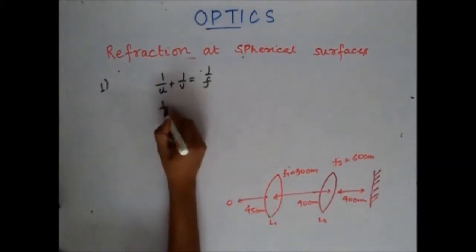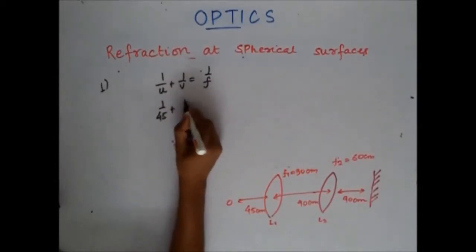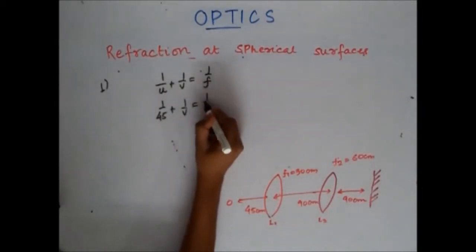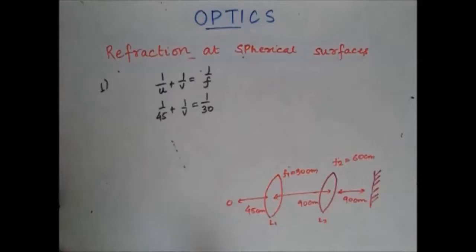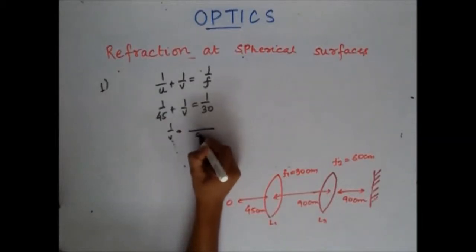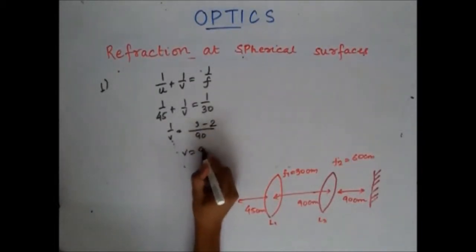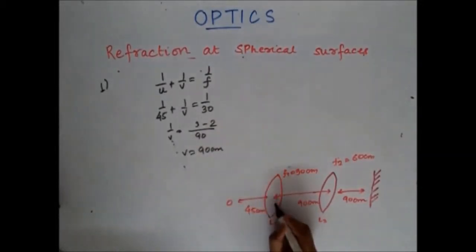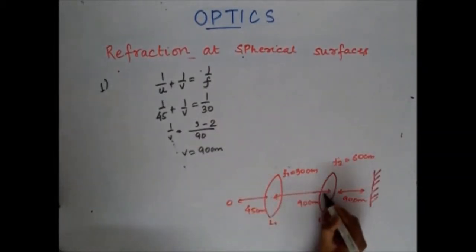U is positive here, so 1 by 45 plus 1 by v is equal to 1 by 30. So you will get v as 90 centimeter.